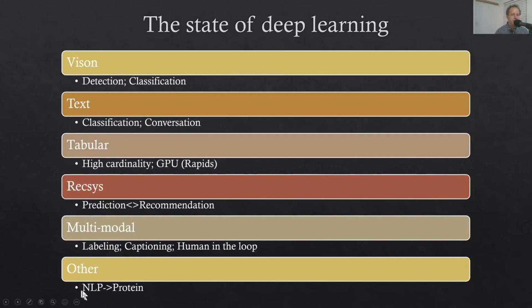For example, an approach that we developed for natural language processing called ULM-FIT that we'll be learning in the course turns out to be fantastic at doing protein analysis. If you think of the different proteins as being different words, in a sequence which has some kind of state and meaning, it turns out that ULM-FIT works really well for protein analysis.